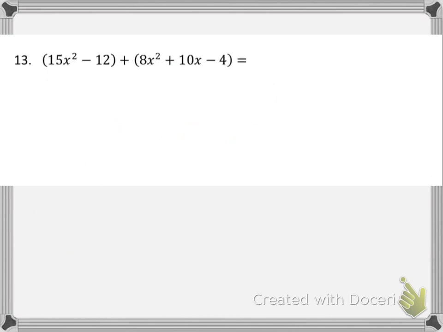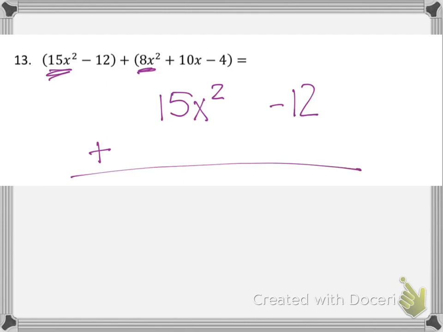If I look at this next problem, I can also order it because I also have like terms. So I'm going to go ahead and have 15x squared minus 12. And I'm going to add that to my 8x squared, which is going to go in the first column. And notice there's nothing that really combines with 10x. It's a little bit by itself.